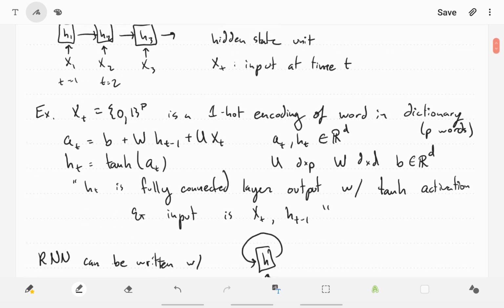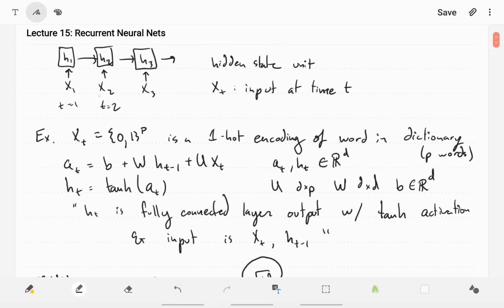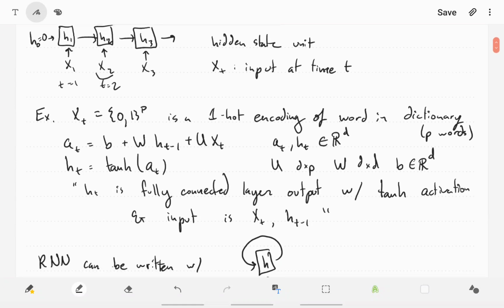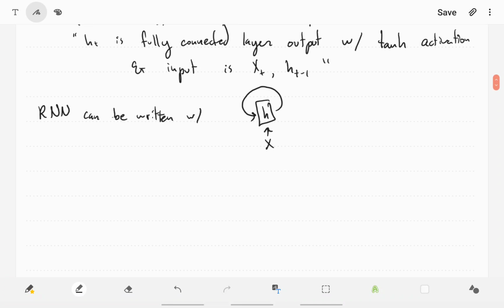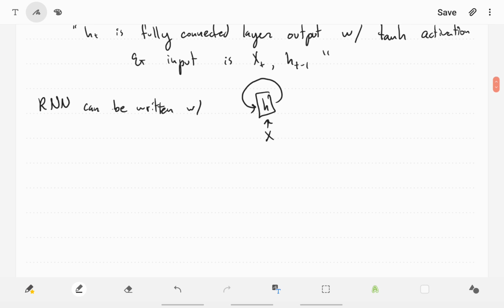It's a recurrent neural net just because there are certain units that are recurred over and over again. In h1, this is a special case where there is no h sub t minus 1. We can just think of h0 as equaling 0 as the input. Okay, so this is our first recurrent neural net, and it's any neural net that takes that form, where the layers are repeated.